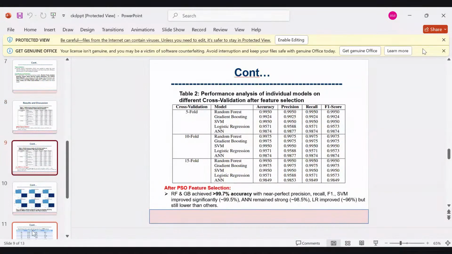But after our particle swarm optimization feature selection, random forest and gradient boosting showed accuracy of more than 99.7%, which is close to perfect. ANN did not show any significant change. It was already strong, so it remained there, and logistic regression improved a little bit. Earlier it was 85%, and now it went up to 96%.